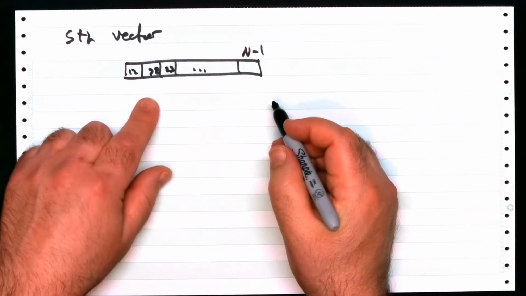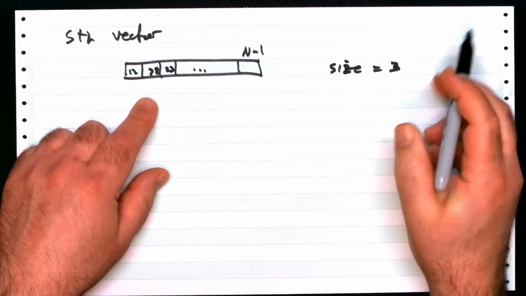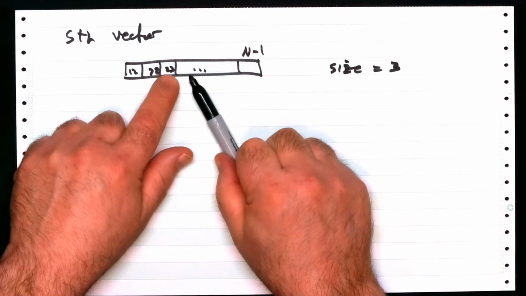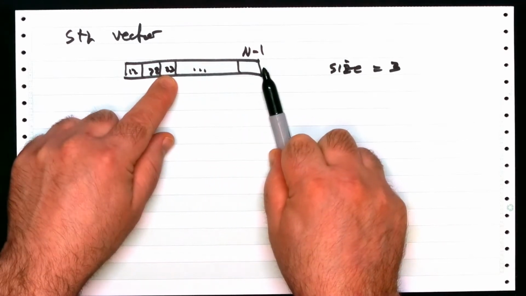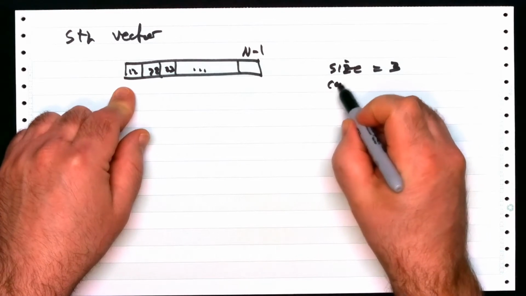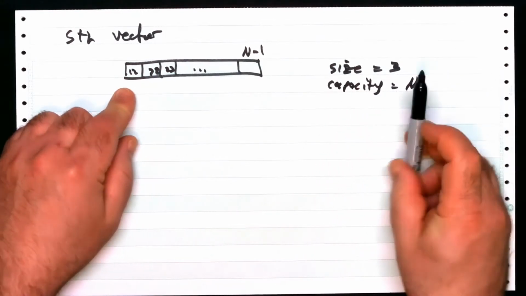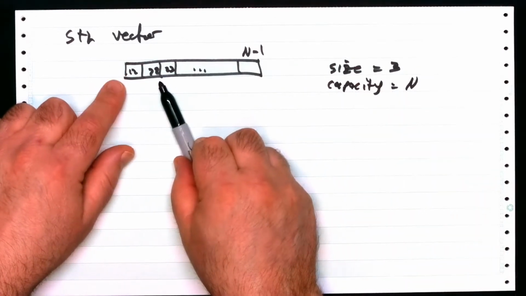If that's the case, let's say the size is 3, all right? So everything between here and the last one is unused. The capacity is n. Right? Size is 3 because I have 3 elements in there, okay?